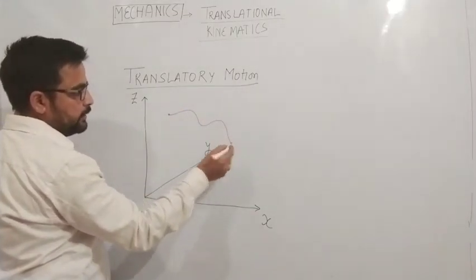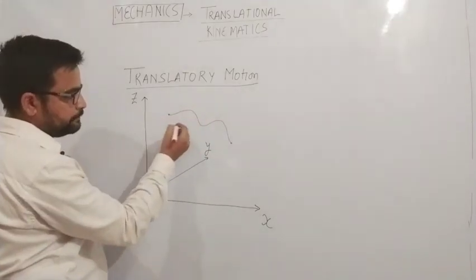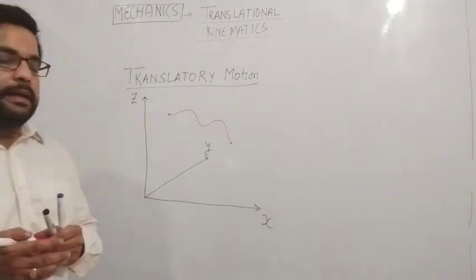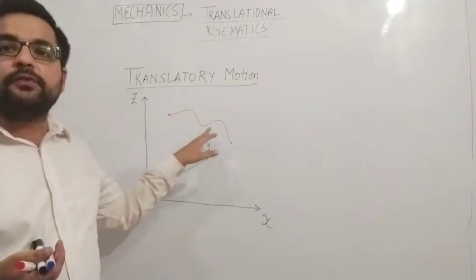So I am taking, like, this red color line is showing the path of the particle.